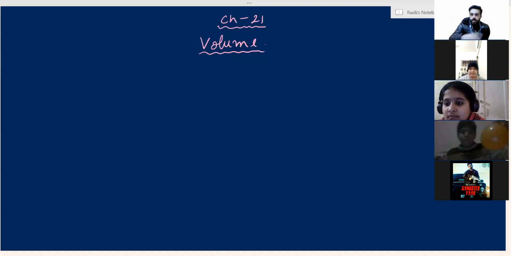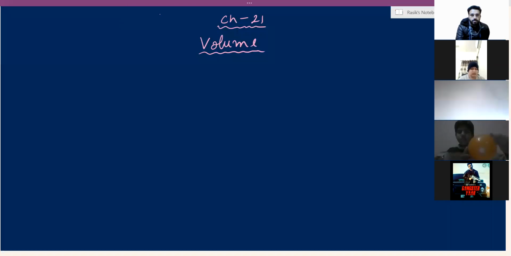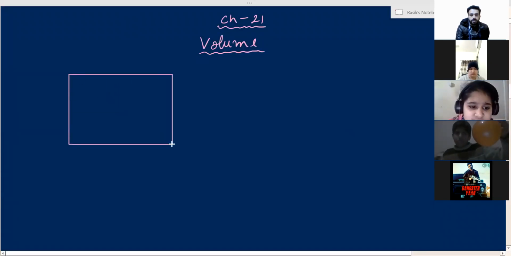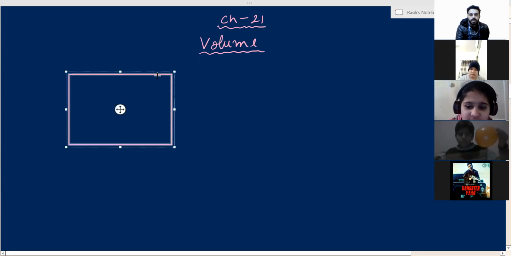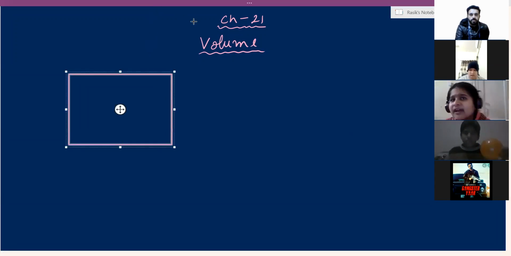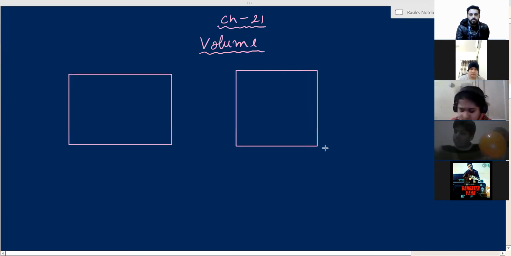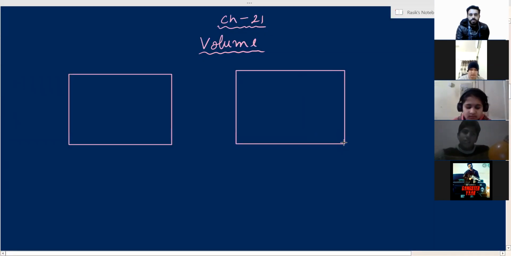Air occupies space. Suppose this is a room. See, Mandavya is showing the balloon also. Very good.